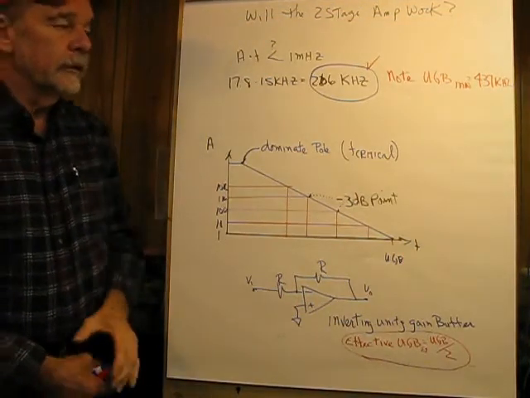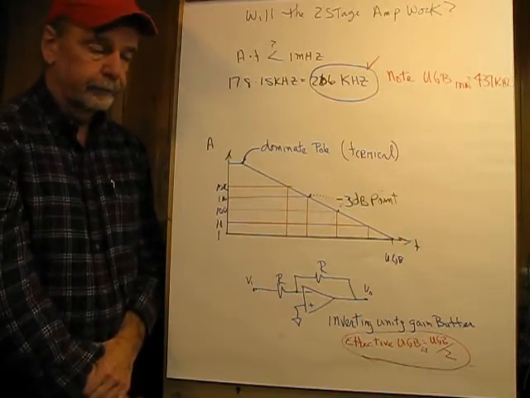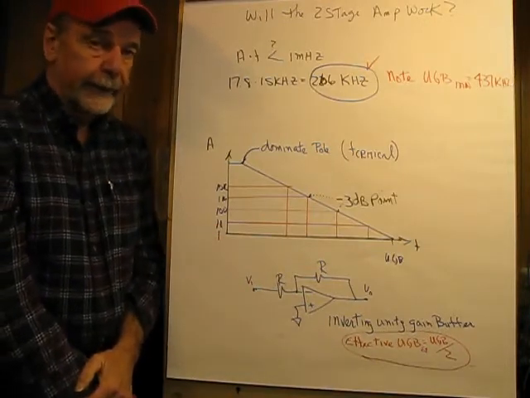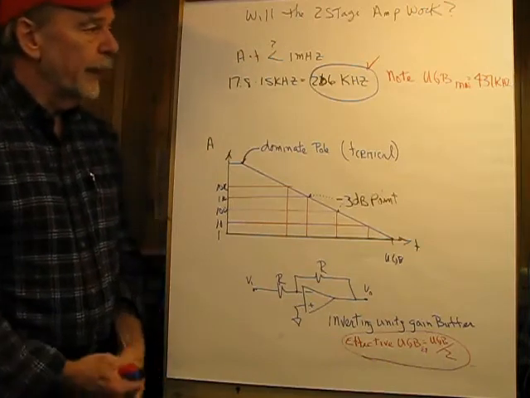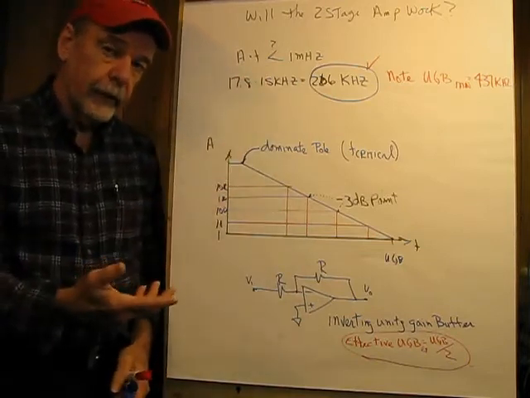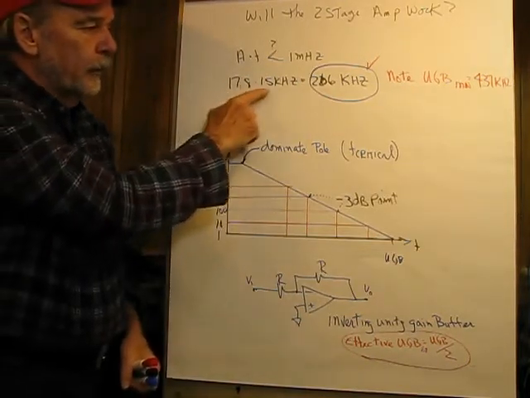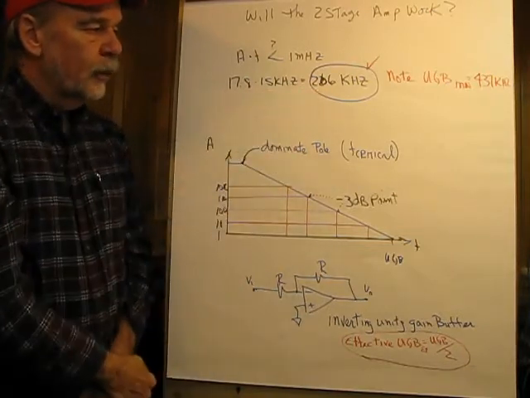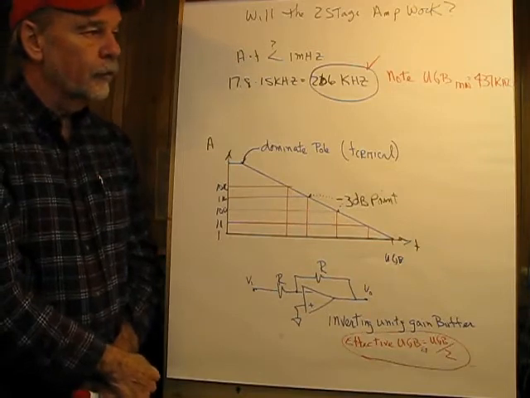Now, the other question is will this 2-stage approach work? Got the gain figured out, but I don't know that it's going to work, so let's go back and take a look. A times F, question mark, less than our 1 megahertz unity gain bandwidth, and multiplying this out comes out to be 266 kilohertz, which is definitely less than 1 megahertz.